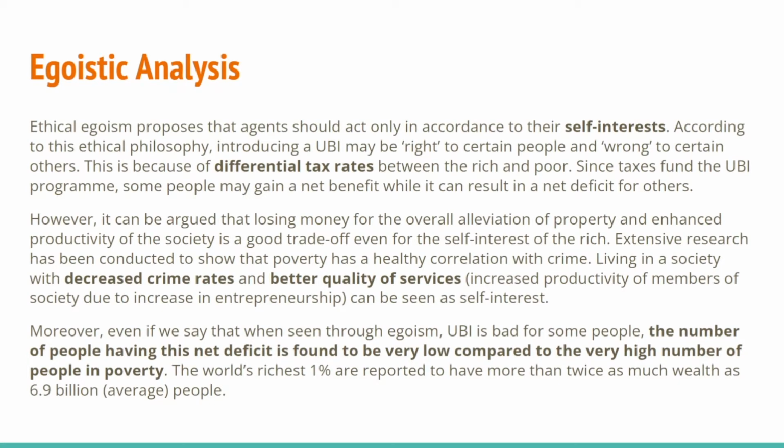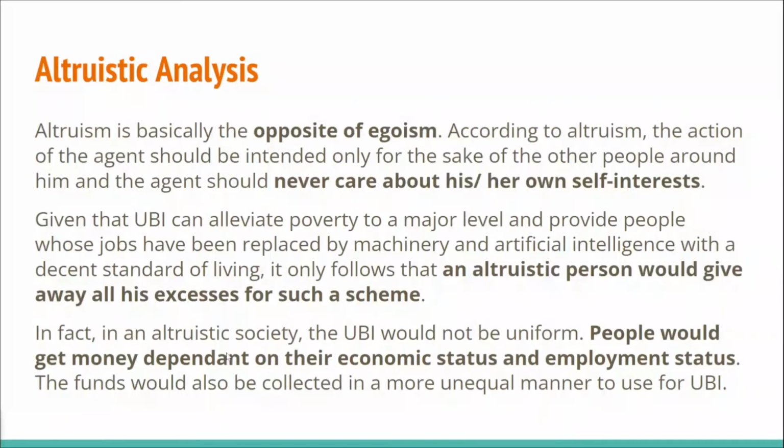We know that the world's richest 1% are likely to have more money than 6.9 billion normal people with an average source of income. Because of this difference in earnings, it is arguable even egoistically that UBI is a moral right which should be available to everyone.